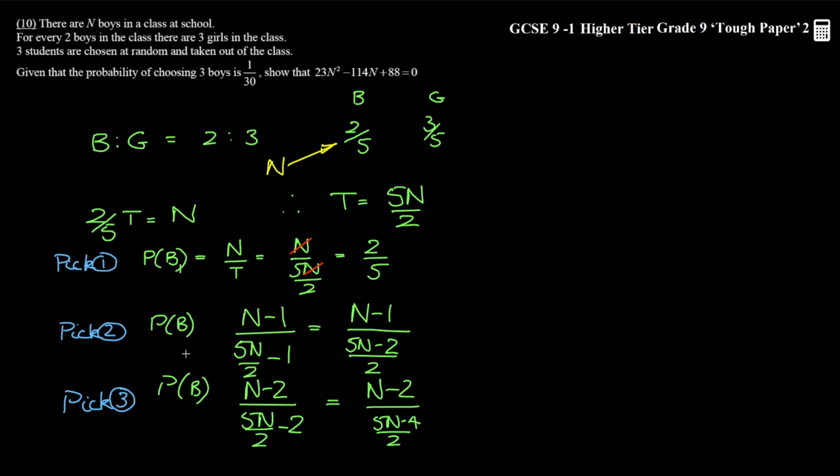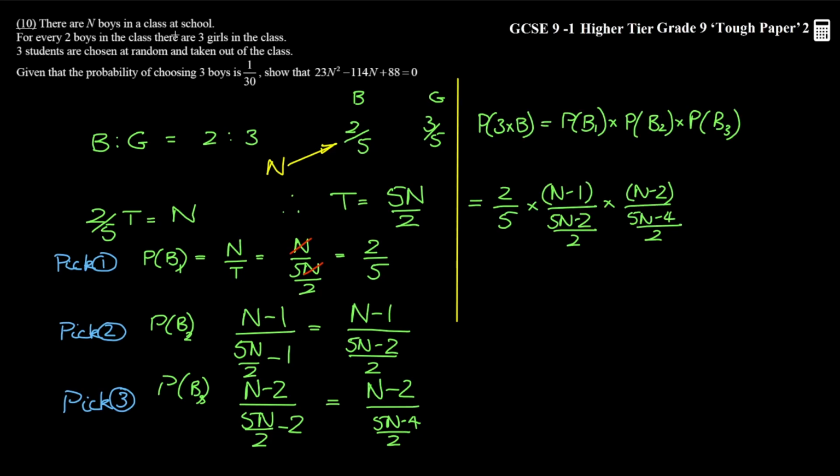Let's just put suffix 1 there, suffix 2, boy 3. So I can say the probability of 3 boys is equal to the 3 probabilities multiplied together. And remember, we're told that this is equal to 1 over 30.